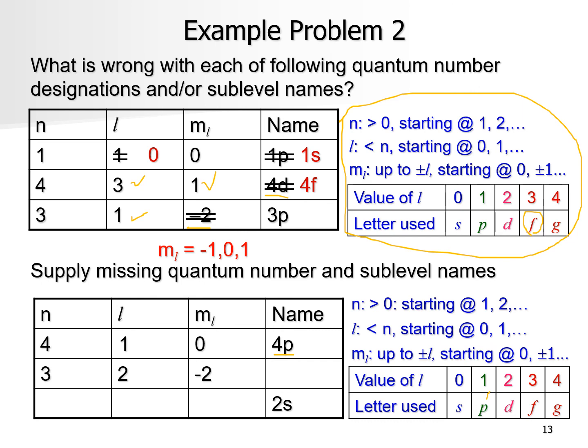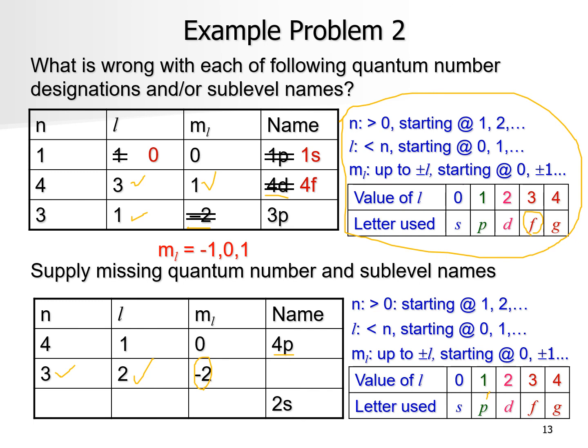What is the name if we have these three quantum numbers all together? n equals 3, n is good. l equals 2, which is good because as long as l is less than n, we are good. m sub l, what do you think of -2? Is that good?